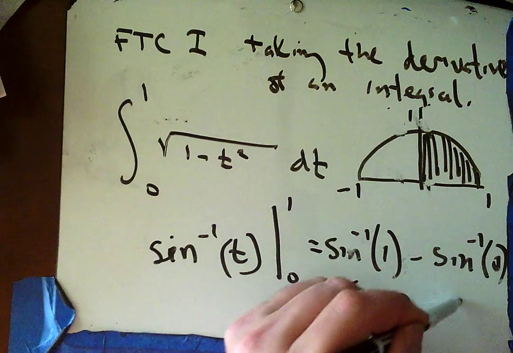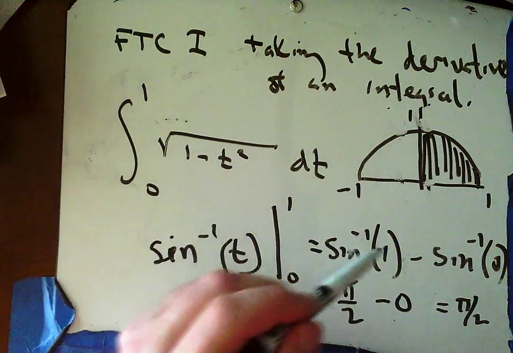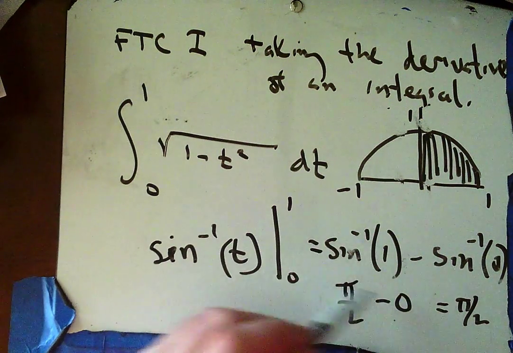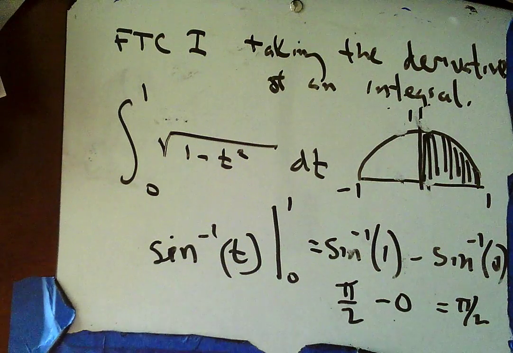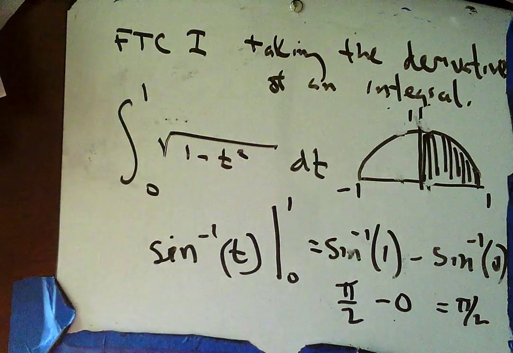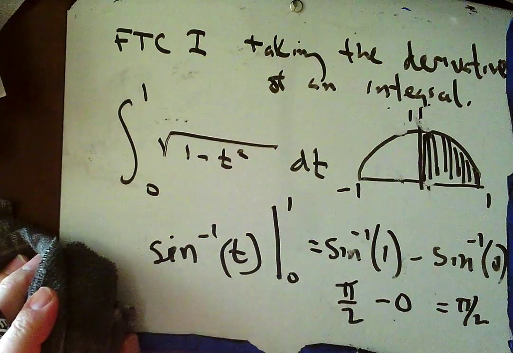And so I end up with pi over 2. Okay? You might really want to take a little time and go back and look at that section on inverse trig functions and evaluating them. No, really. All right, so this was part A.